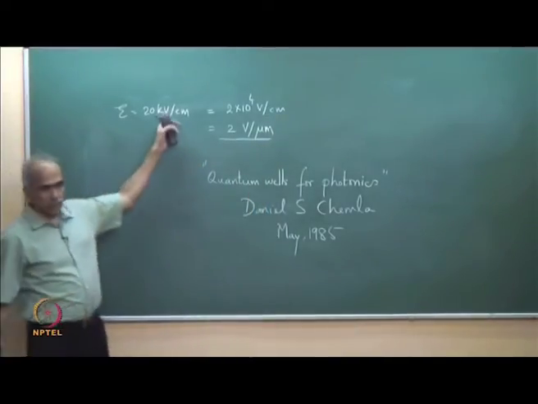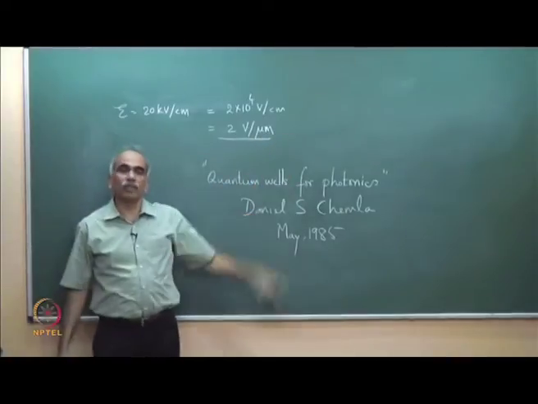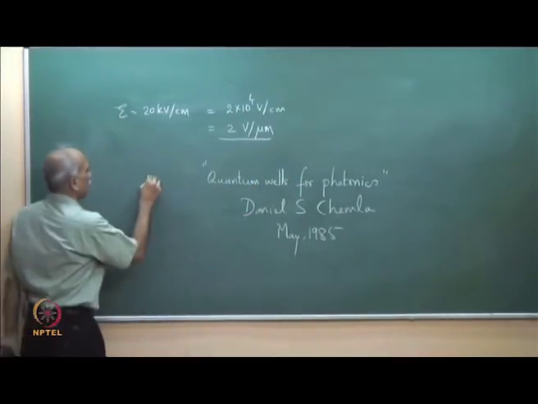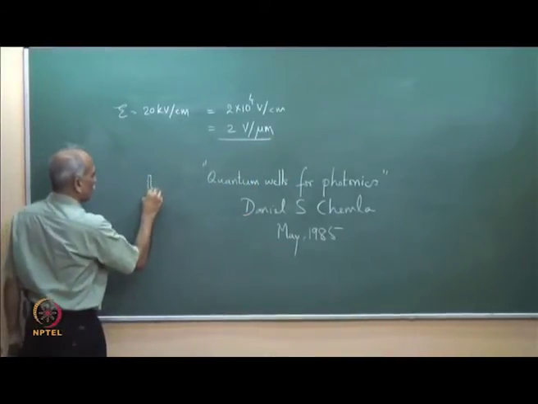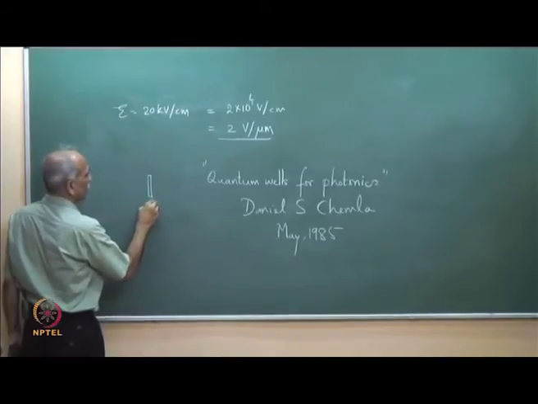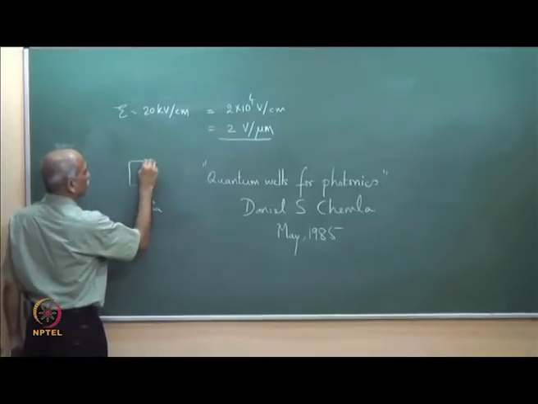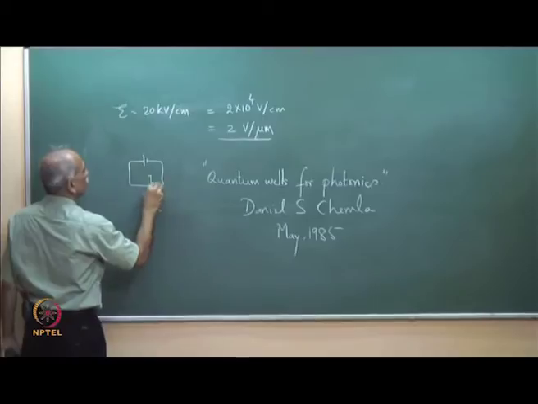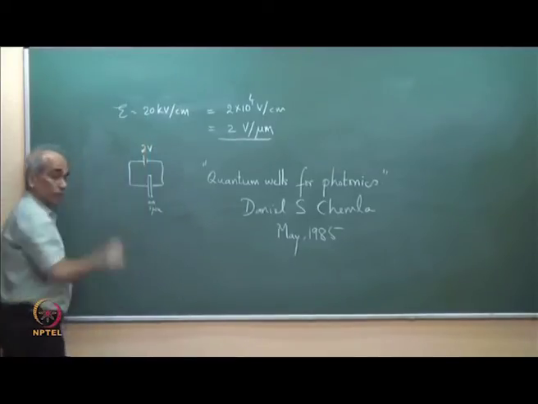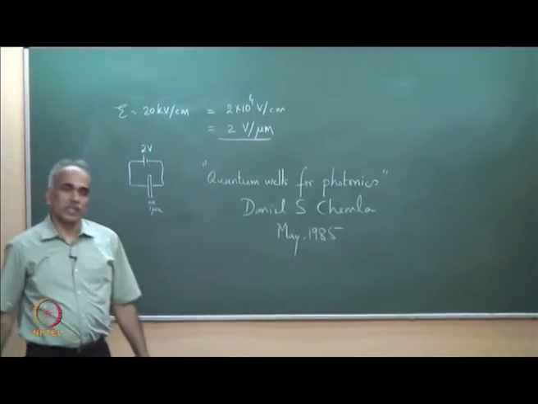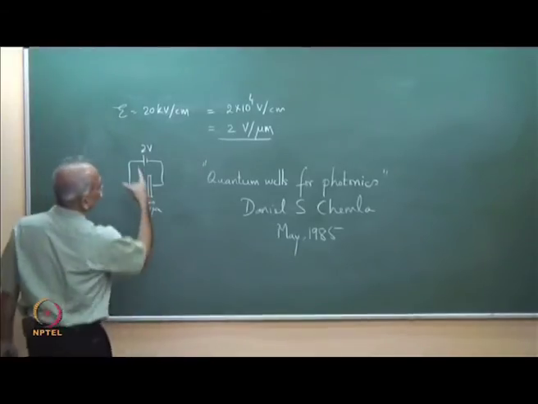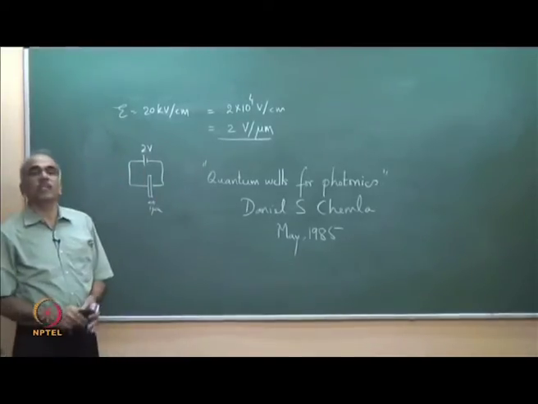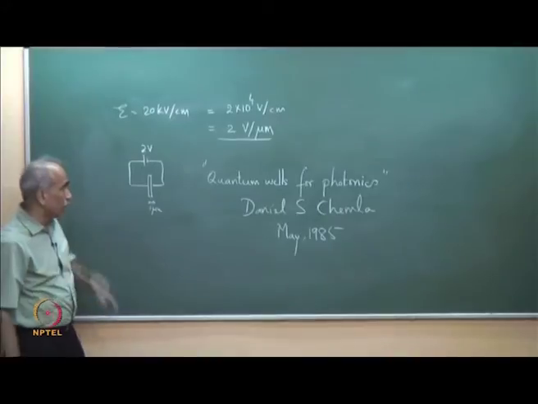It means if this is 1 micrometer thick and you apply 2 volt across it, you get the field. It is not a very big number, provided you apply it across a small thickness. So 2 volt per micrometer is the kind of electric field that is required.